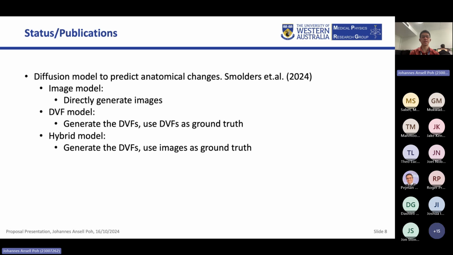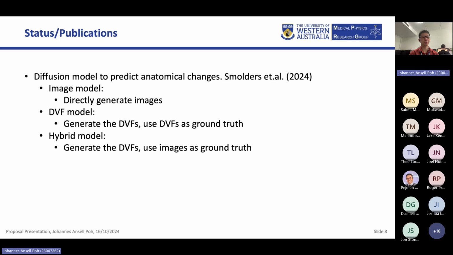The first approach they call the image model, which is a pixel-to-pixel image translation, where the model directly generates the CBCT images. The second model is the deformable vector field model. The model generates the DVFs, but this model needs an external image registration algorithm to create ground truth DVFs to train the model.